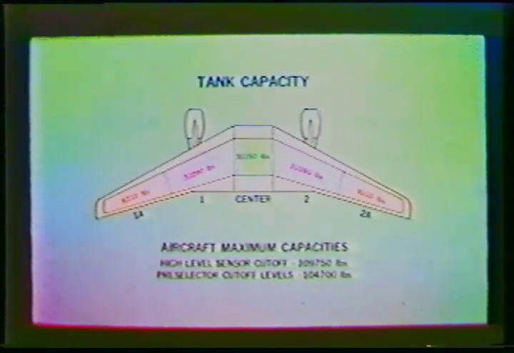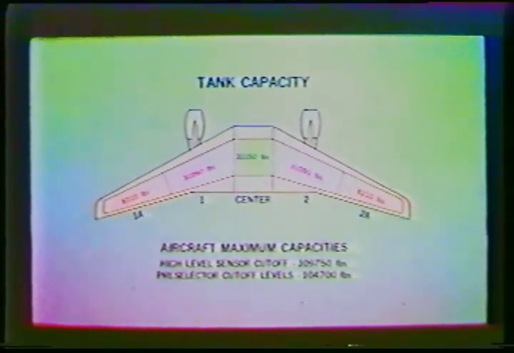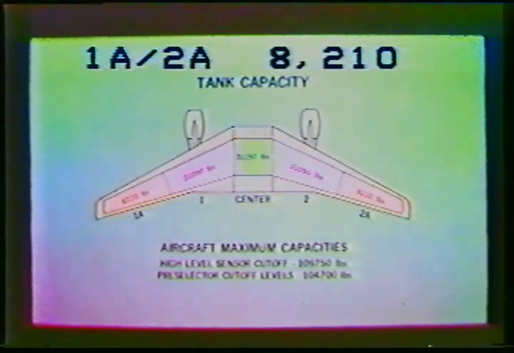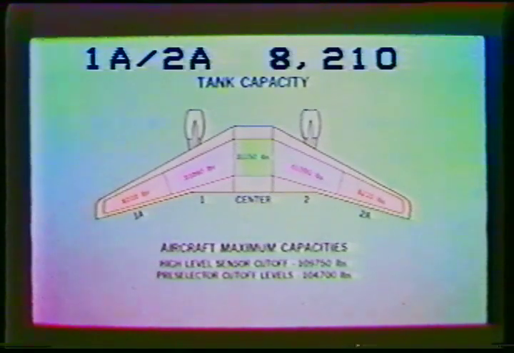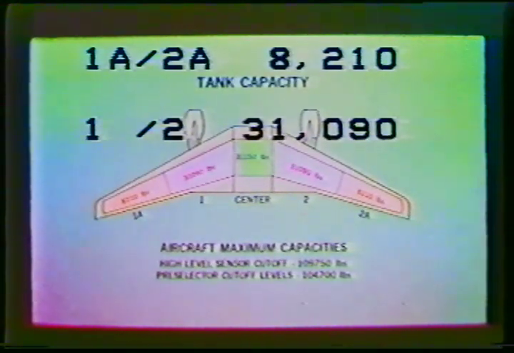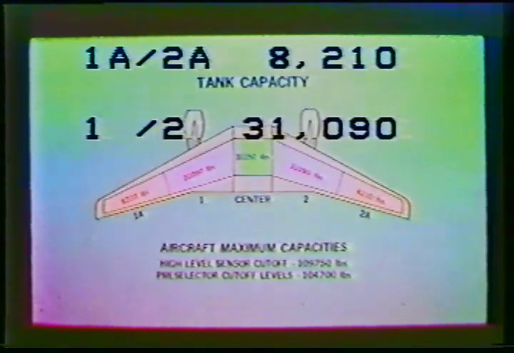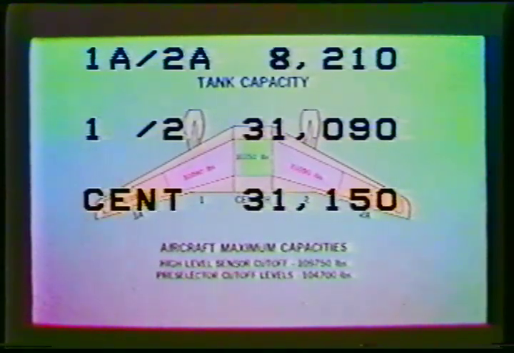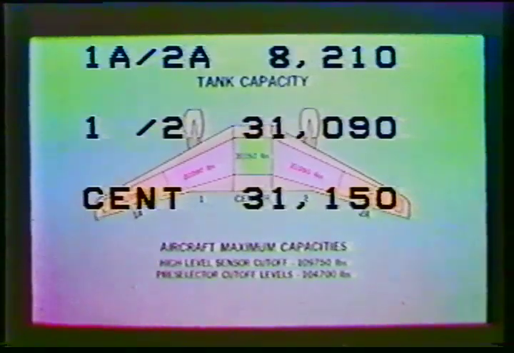The maximum fuel quantity in each tank is as follows. Tanks 1A and 2A hold 8,210 pounds each. Tanks 1 and 2 hold 31,090 pounds each, and the center tank holds 31,150 pounds.